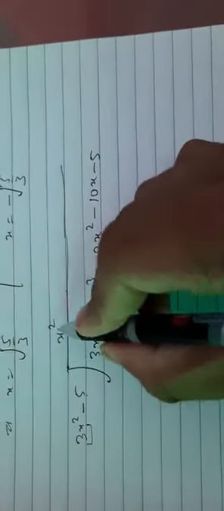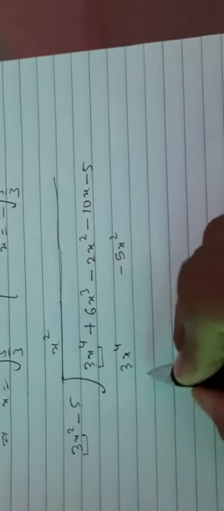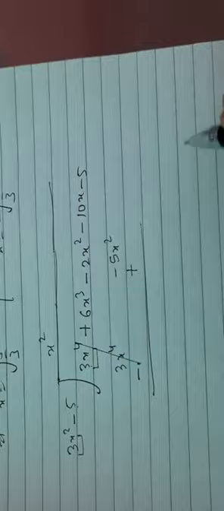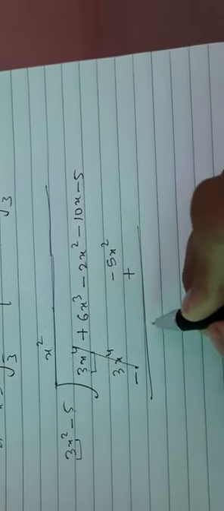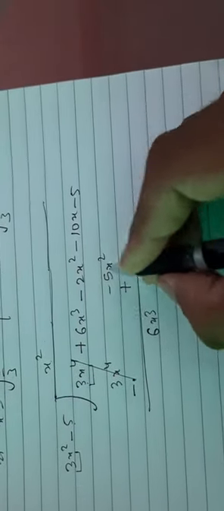We write minus 5x square below the x square term. Change sign, the first term cancels. Now the cubic term comes down as it is, 6x cube. Minus 2 plus 5 becomes positive 3x square minus 10x minus 5.